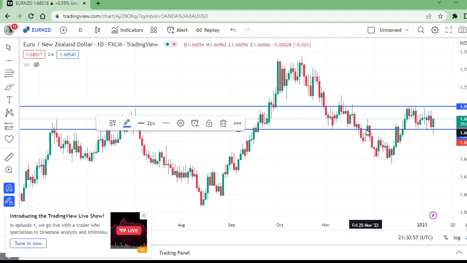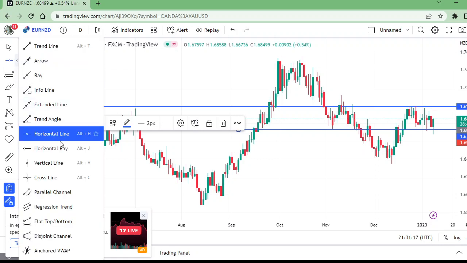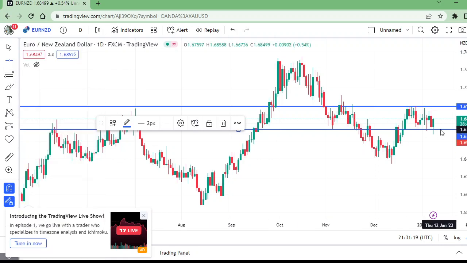Now where do we expect it to go? Let me put the horizontal lines to make it simple. Now this was the high of the market.